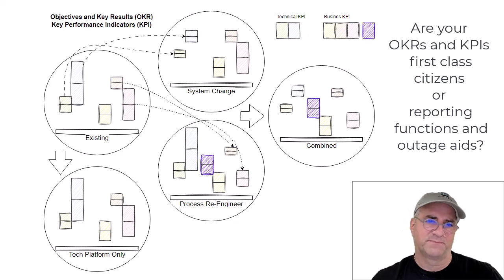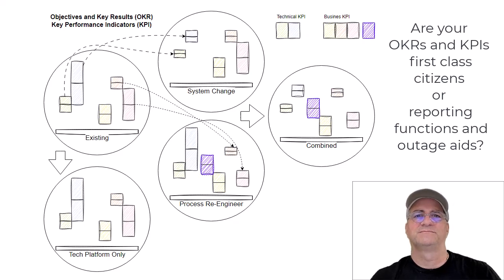So again, if we do a tech platform only change, our goal there is to make a technology change and break nothing. We're going to use the existing test suite and the existing KPIs, and the success of the project is solely determined by the KPIs. There are no other soft, weird criteria.